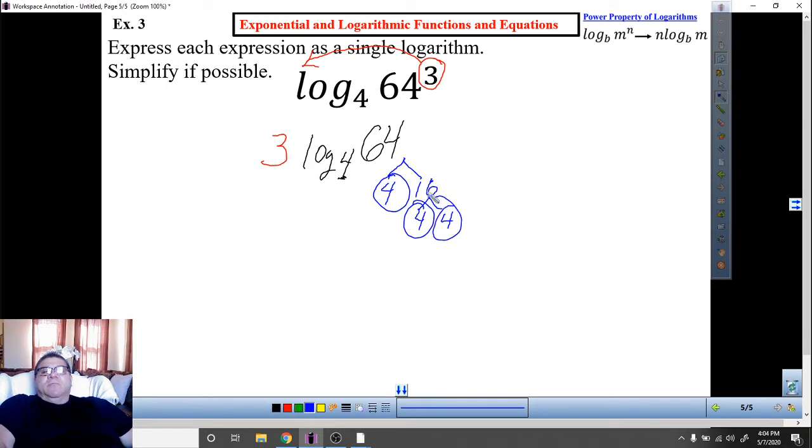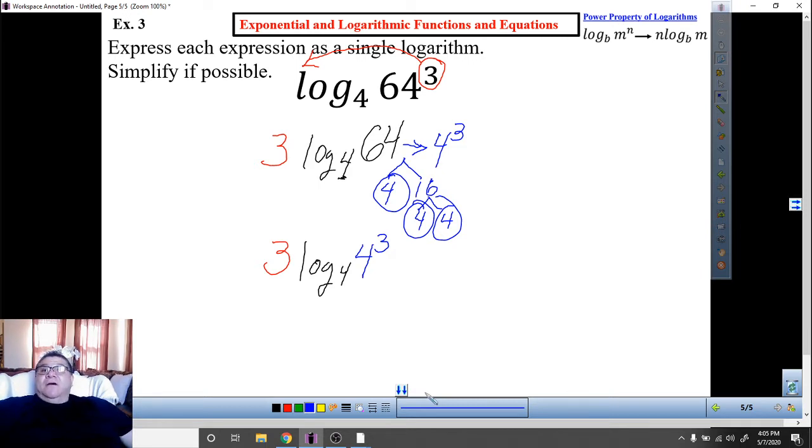So this became 4 to the third. And right now I'm only working on 64. You guys notice that, yeah? Okay, so let me rewrite the whole thing just to see if you see what I see. 3, what didn't we mess around with? The log 4. And 64 became 4 to the third power.